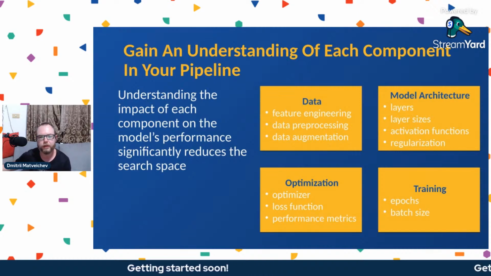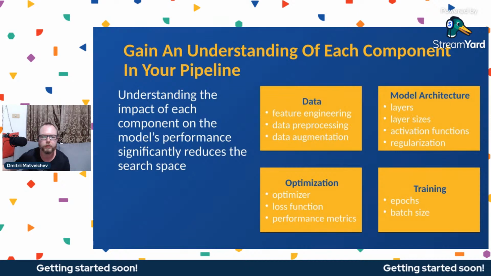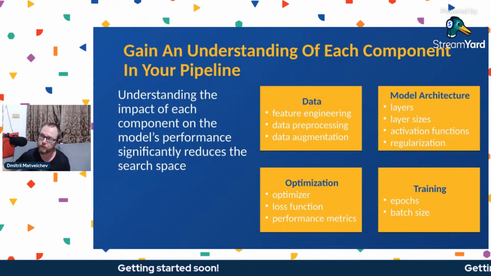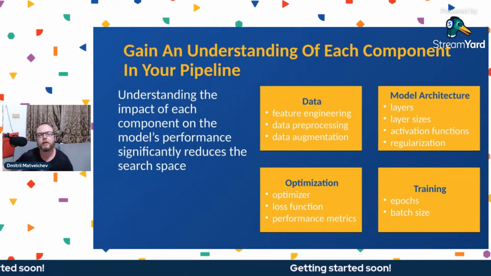Another part is model architecture that has some layers. Each layer has its own size, hyperparameters, activation functions, and regularization, such as dropout, L1, L2, something like this. Another component is the optimization part that is made of the optimizer, loss function, and some performance metrics, and the last part is training, that changes your training speed or something like this: number of epochs, batch size, etc.